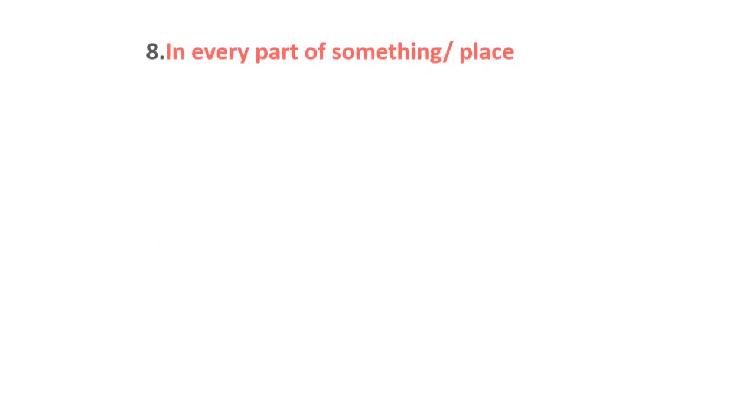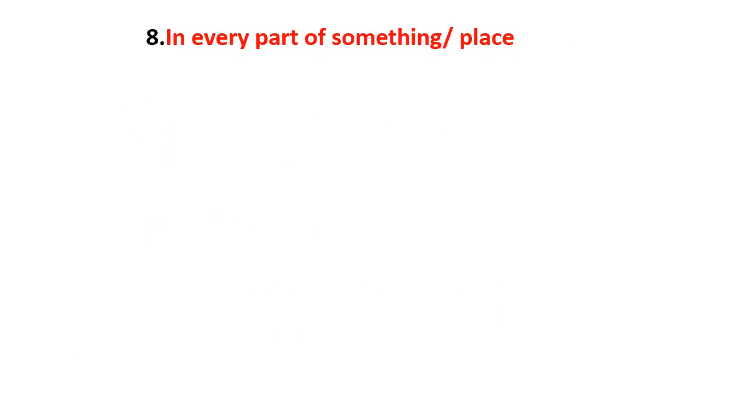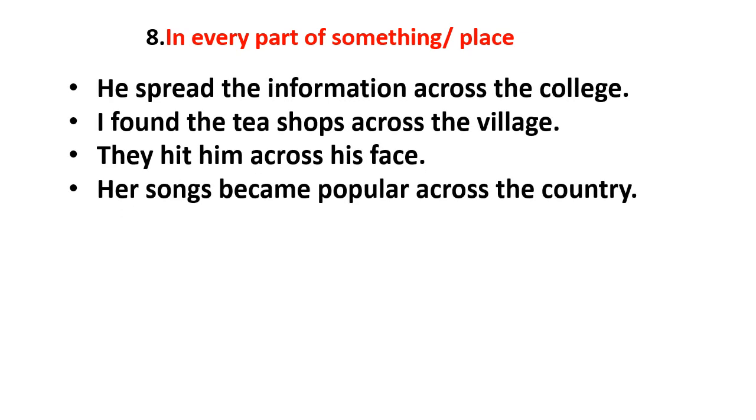You can find here one more meaning for which you can make use of across. When we want to express the meaning in every part of something, in every part of a place, then we can make use of across like this. He spread the information across the college. That means he spread the information in every part of the college.